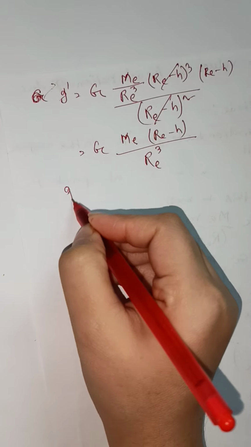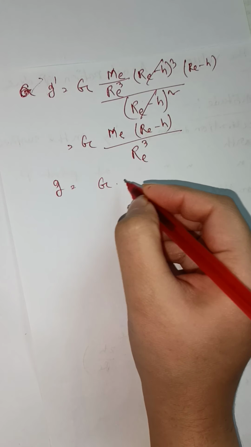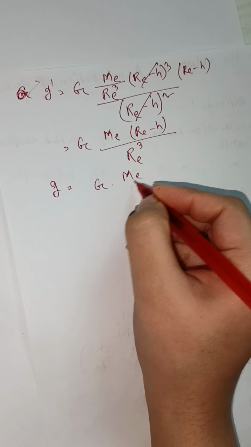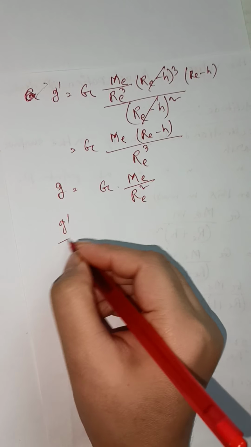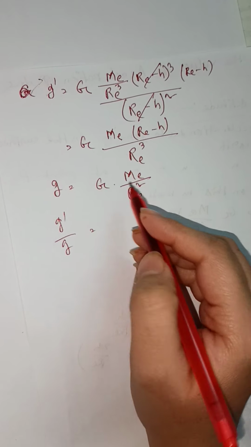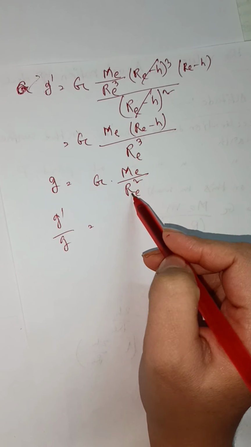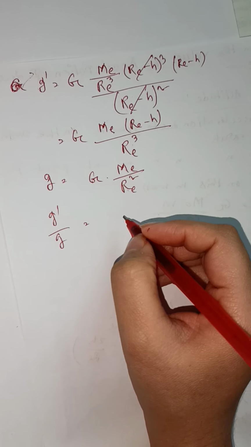Now G equals what? G into ME by RE square. So just divide these two. Then we will get G cancel, ME cancel, and this part will also be cancelled.